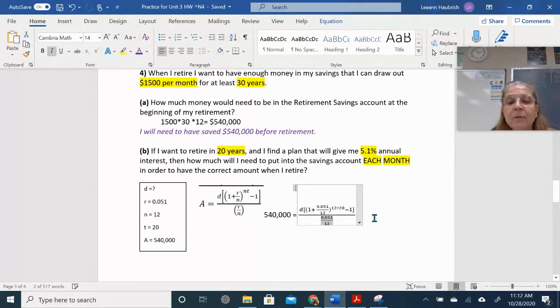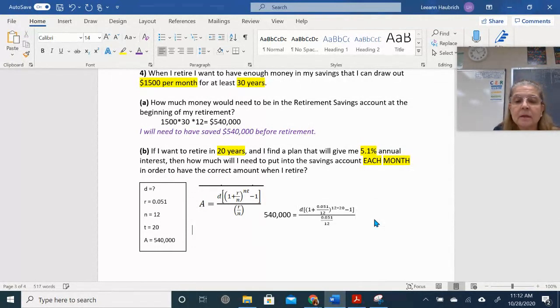So I'm going to write one more step here so you can see what I'm going to do so I can get it in the Desmos calculator. So what I'm looking to do is to take the 540,000, and if I multiply by what's on the bottom, this here part, it'll come off of both sides.